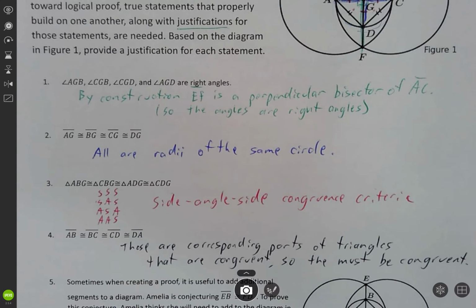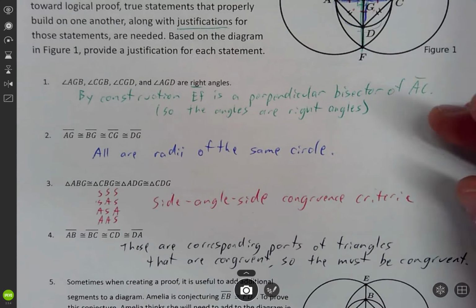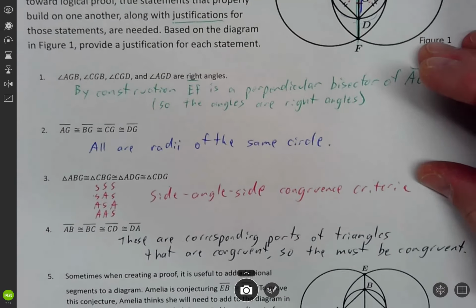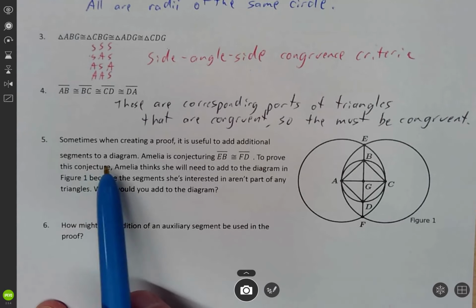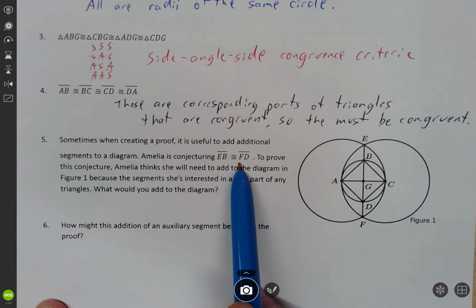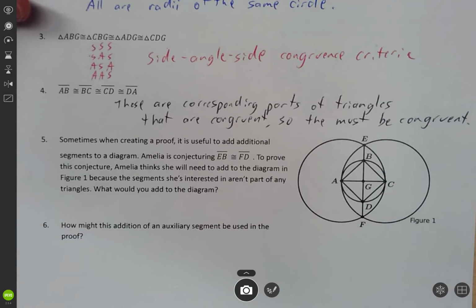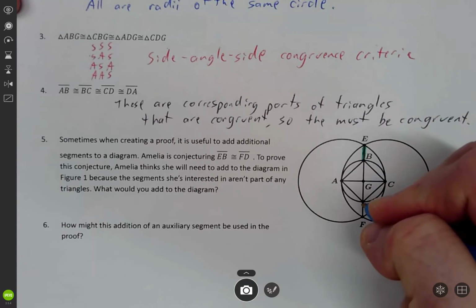Now in this case, all of the parts we needed were drawn in the picture up here for doing the proof. Sometimes you want to prove things are congruent and they're not parts of triangles. In number 5, for example, if you wanted to prove that EB is congruent to FD, well, EB in this picture is up here, and FD is down here.